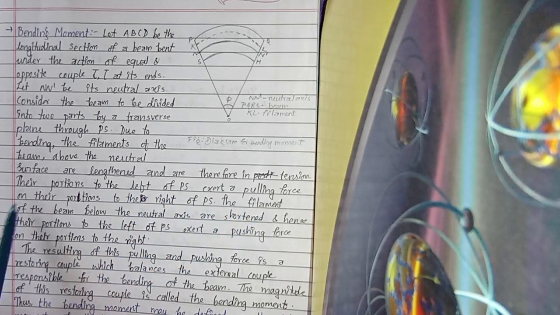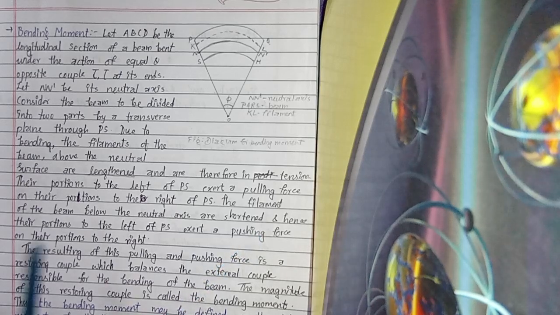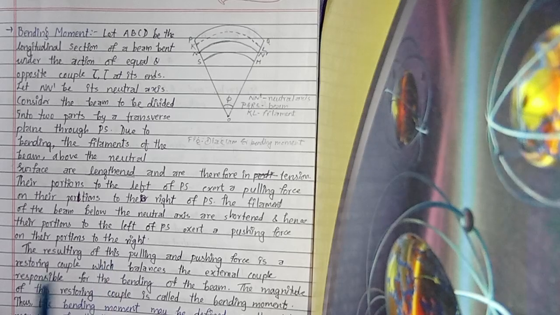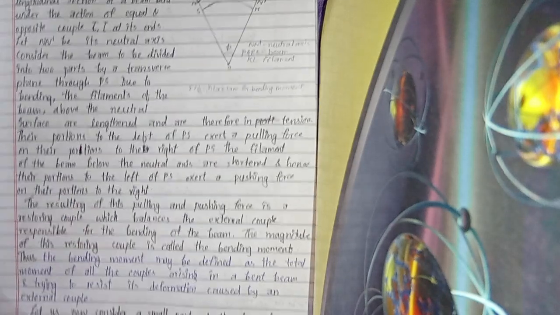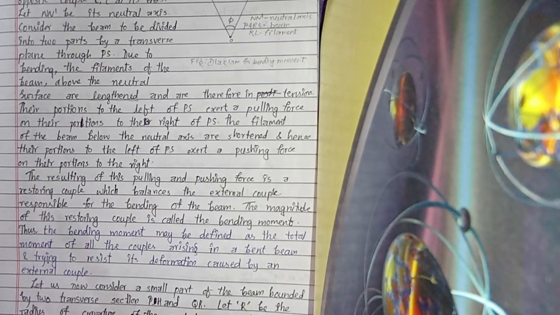The filaments of the beam below the neutral axis are shortened, and hence the portion to the left of PS exerts a pushing force on the portion to the right. The resultant of this pulling and pushing force is a restoring couple, which balances the external couple responsible for bending the beam. The magnitude of this restoring couple is called the bending moment.